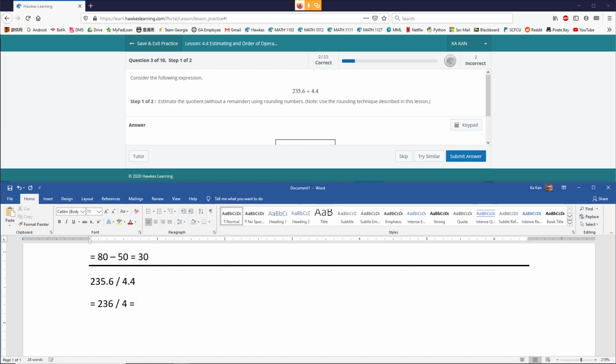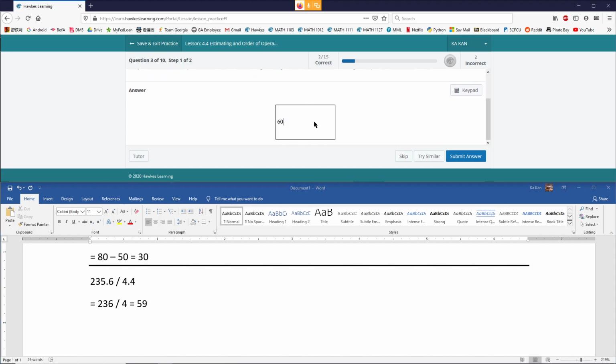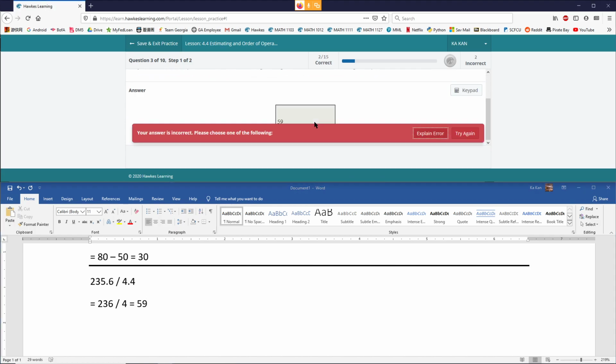That way, the answer will be closer, but not necessarily rounded generally. So let's try this one. 4 goes into 23 how many times? 4 times 5 is 20, right? So that's 3 left over. 36 divided by 4, that's 9, right? So maybe try 59 and see what happens. And it's wrong. And I give up.